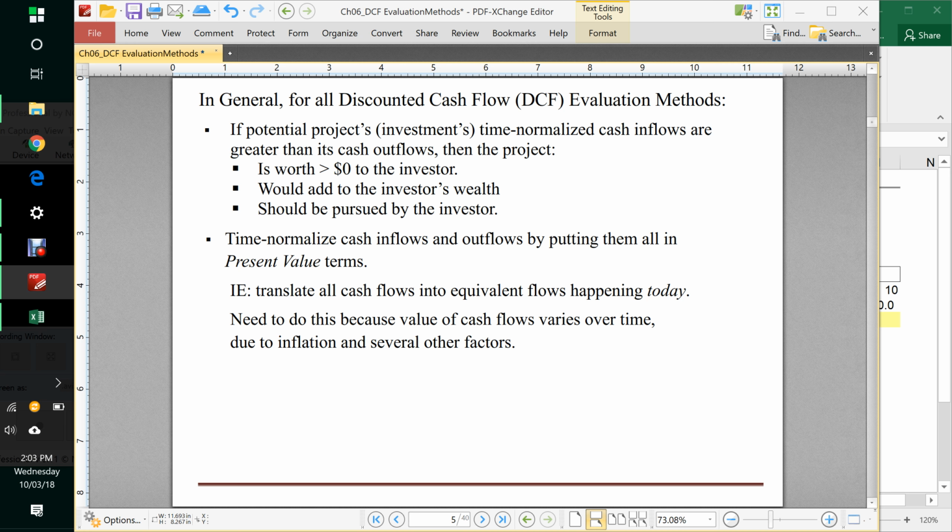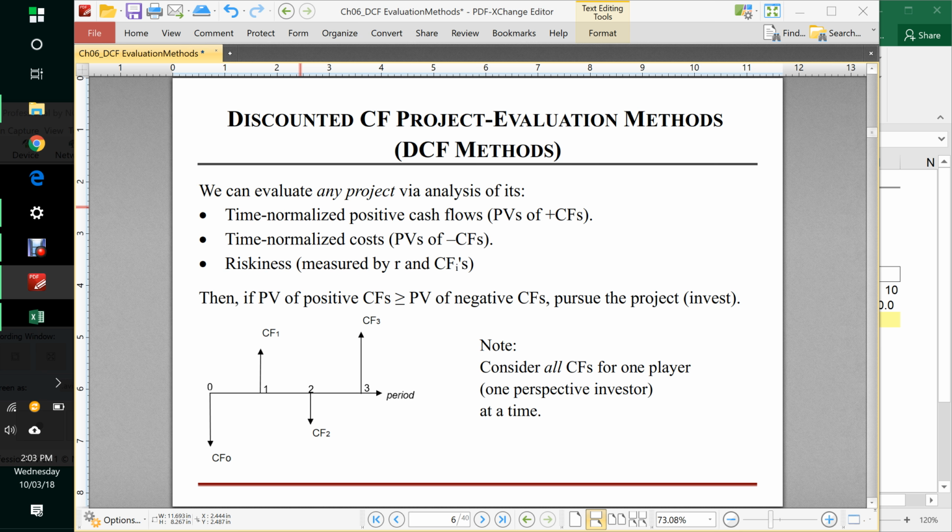The great thing about these methods is that we can evaluate any project by considering these time normalized, i.e., discounted, cash flows, positive and negative. We also have to think about the project's riskiness, which we'll measure by the interest rate or discount rate, as well as the individual cash flows.